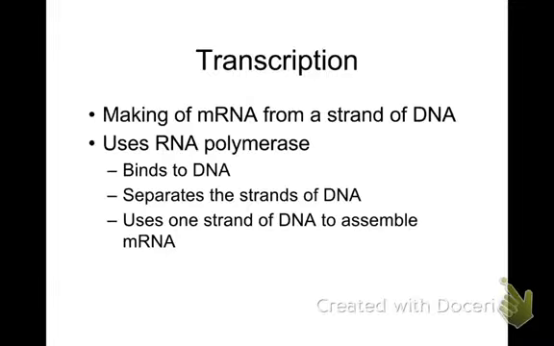We use RNA polymerase as the enzyme to do most of this work. So RNA polymerase is going to open up the DNA, and it's going to put the complementary bases of RNA onto the template strand to make that strand. Since RNA is only single-stranded, we only use one side of the DNA in order to make our RNA.